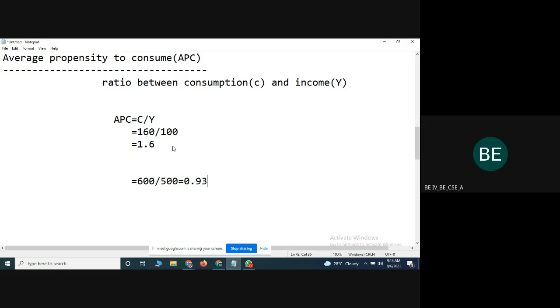Next, I'm going to introduce one more terminology. It's called the marginal propensity to consume.